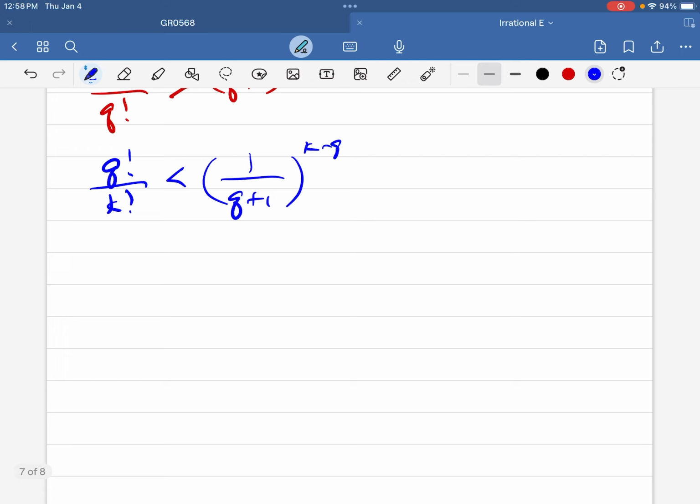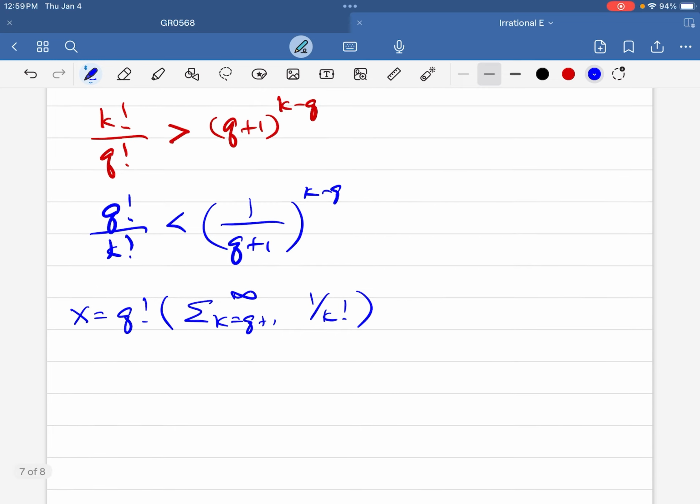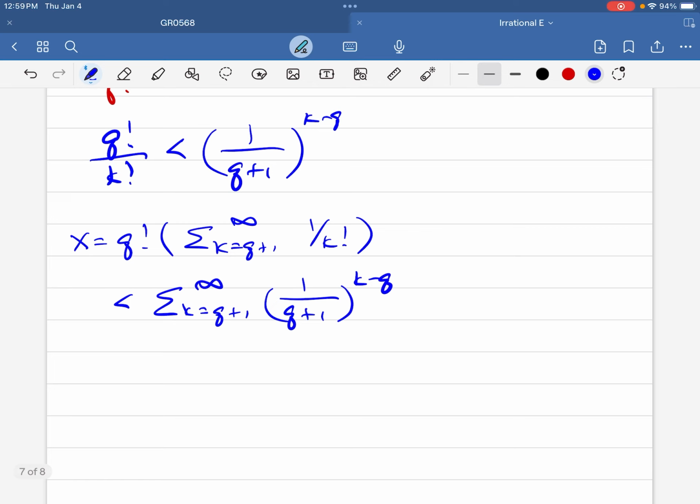Now what do we do with this? Again, recall our formula, slightly simplified. Now remember, since q factorial over k factorial is less than 1 over q plus 1 to the k minus q, this is less than the sum from k equals q plus 1 to infinity of 1 over q plus 1 to the k minus q. Now, let's do a change of index. If we write l equals k minus q, then notice when k equals q plus 1, l is 1.